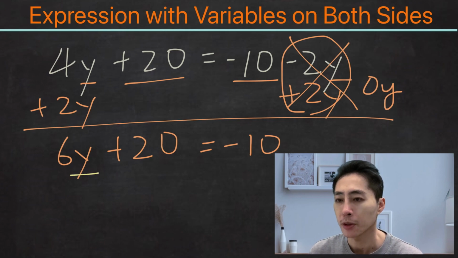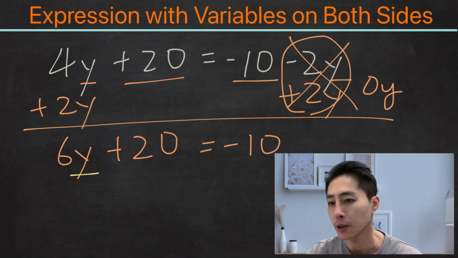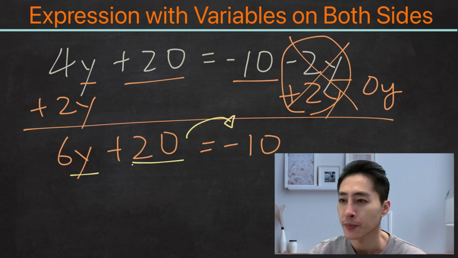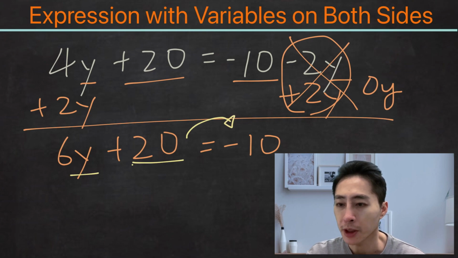Now we're going to move the numbers to the right, because we have y on the left, so we need the numbers on the right. The number 20 here, we're going to move over to the right. And in order to do that, what do we need to do? That's right, we need to subtract 20 here.